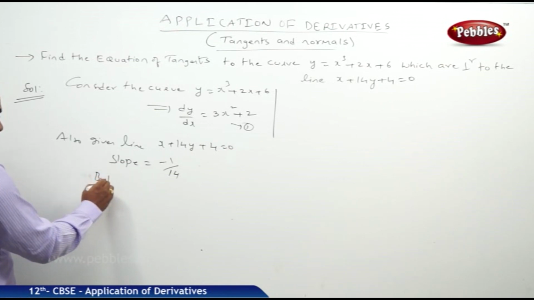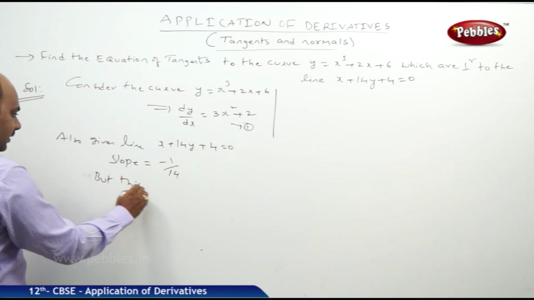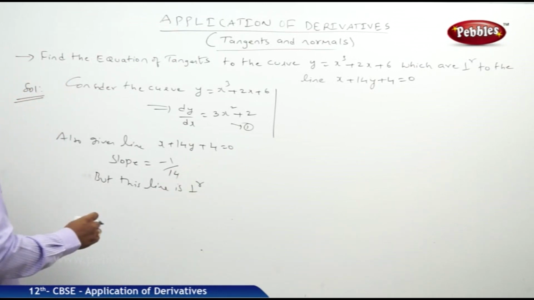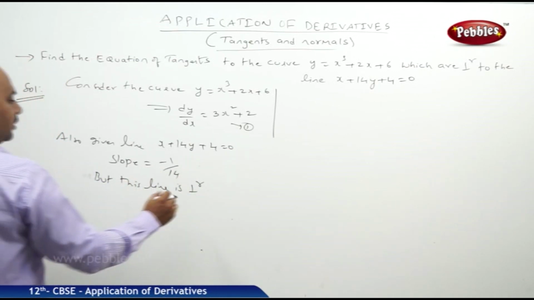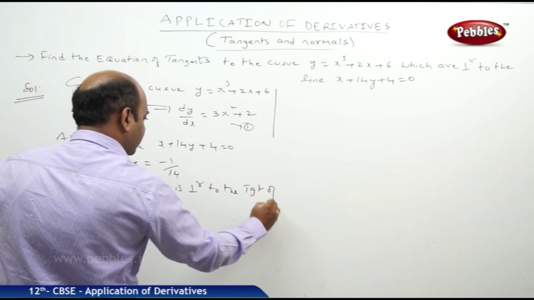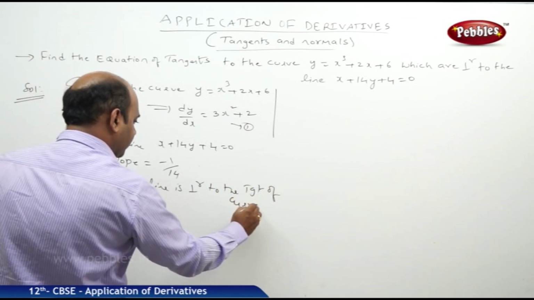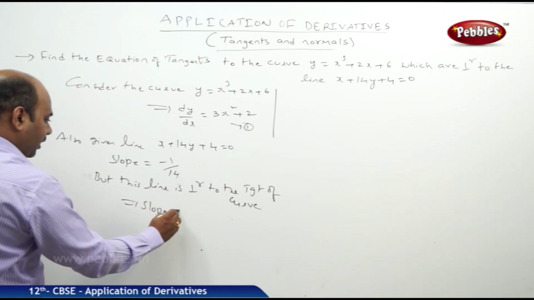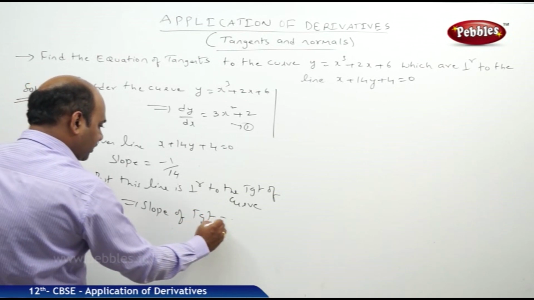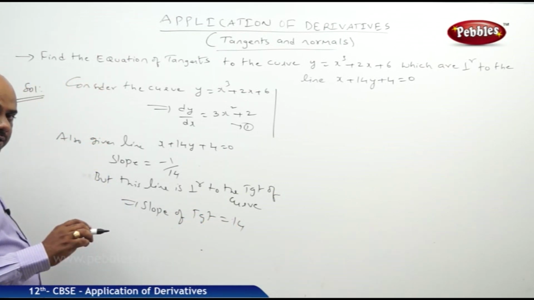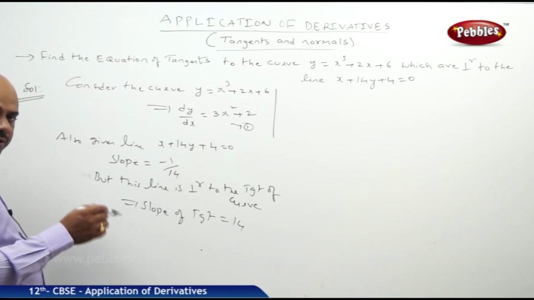But this line is perpendicular to the tangent of the curve. That means slope of tangent, I can write it as 14, because normal and tangent are perpendicular to each other.